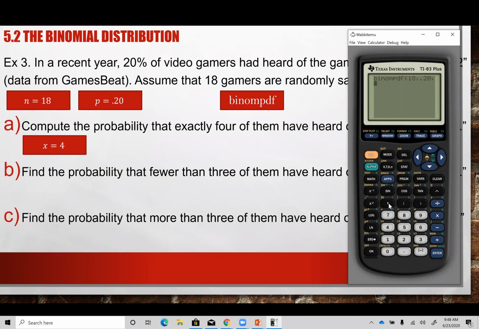Your x is, for this one, exactly 4. On my calculator I have to type these in manually; on the TI-84 you just type in 18, 0.2, 4, and press enter. Ladies and gentlemen, this is our answer for binomial PDF: 0.2153.